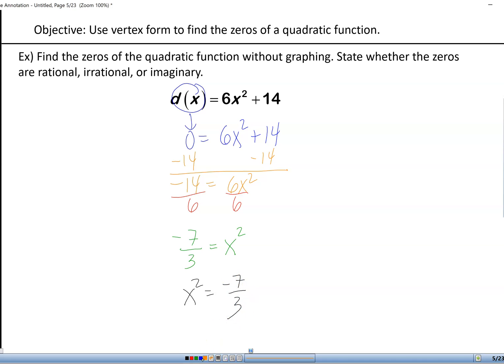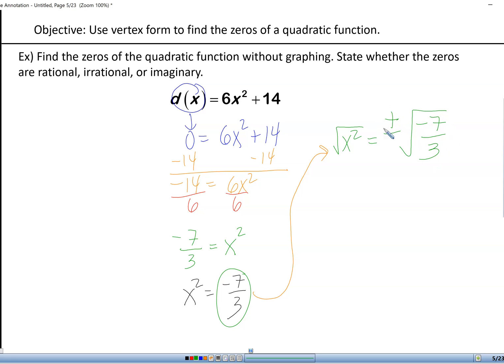Here's a biggie, and this is where I see a lot of mistakes happen with problems like this. Our next step is now to use our square root property. In using our square root property, we're going to take the square root of x squared, and we're going to take the square root of this negative number, and the plus minus is in front of that.